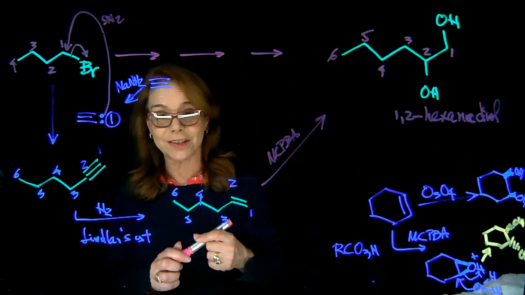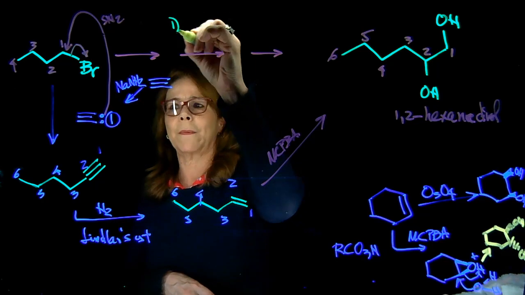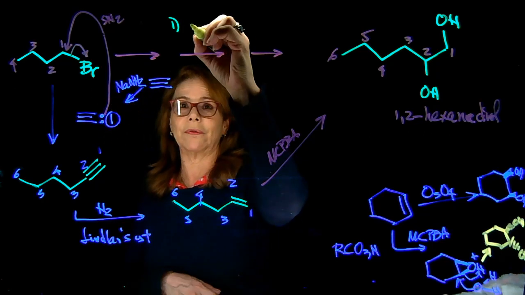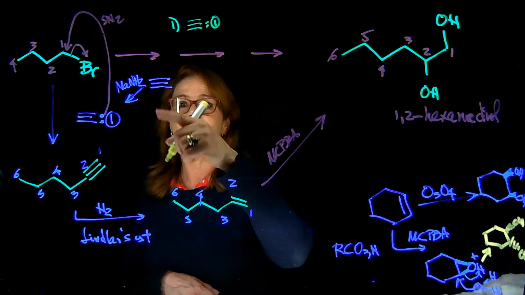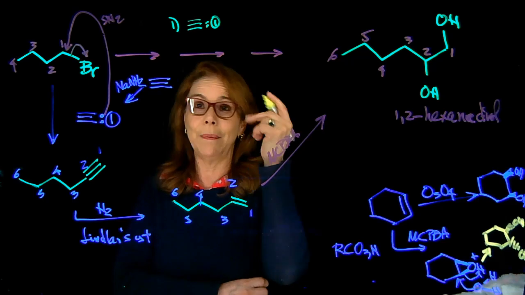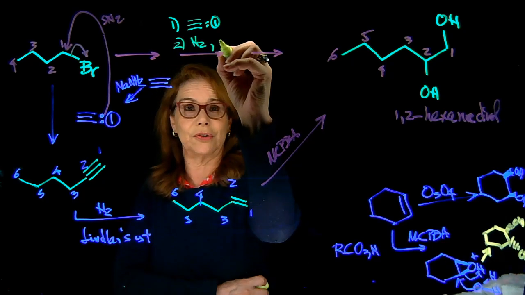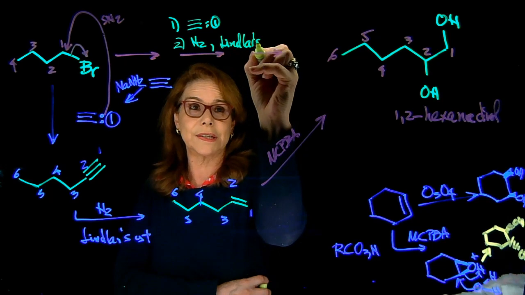Okay, so in summary, what do we have here? The first step was having the butyl bromide react with the anion coming from the reaction of acetylene and sodium amide. Then we did a hydrogenation with a poison catalyst, Lindlar's.